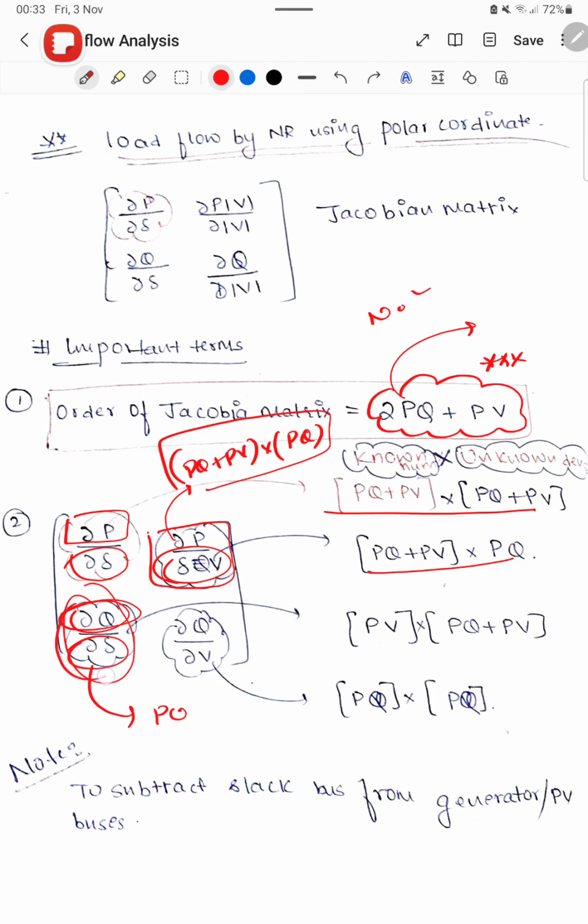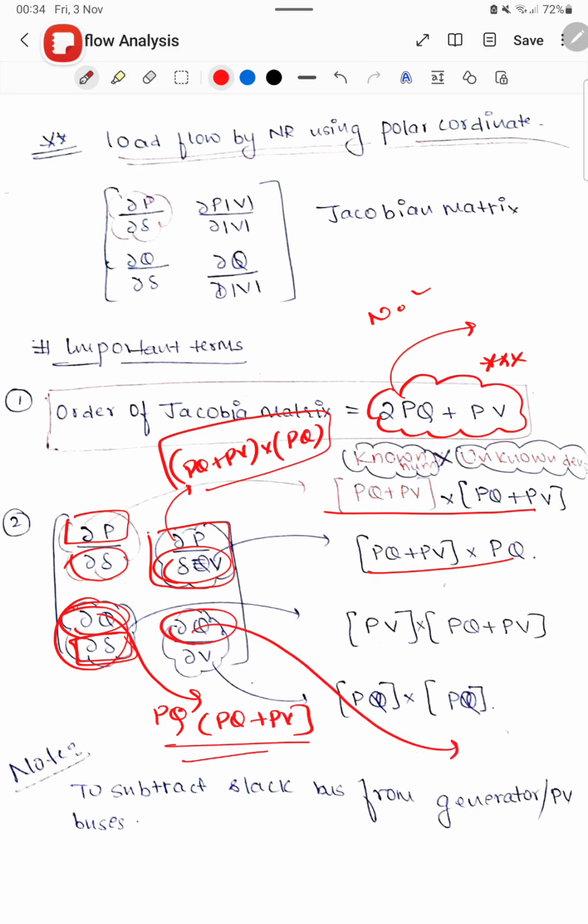So let's see where Q is known. Q is known in PQ, and where del is unknown, it's unknown in PQ plus PV. Correct? Known, unknown. Now let's see for this also. Q is known in PQ, del V is unknown again in PQ only.